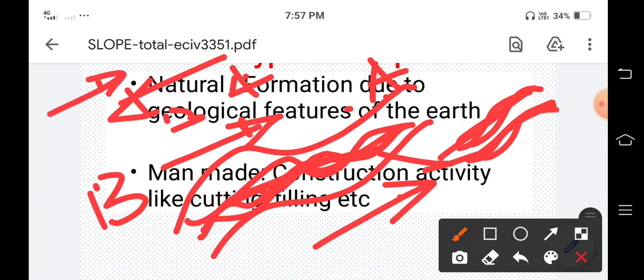Here we are creating some resistance from point B to point A. This resistance is nothing but the shear resistance, and the maximum value of shear resistance is what prevents sliding. So in this chapter we learn what is meant by slope.